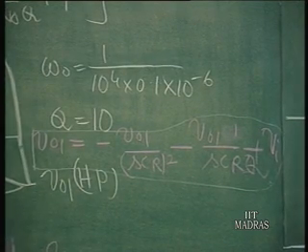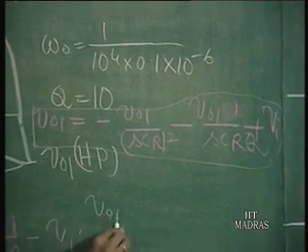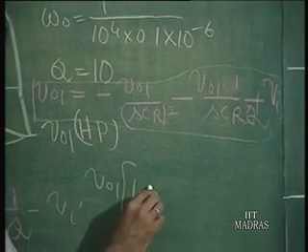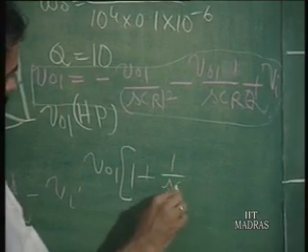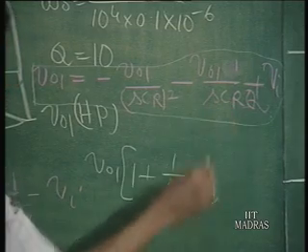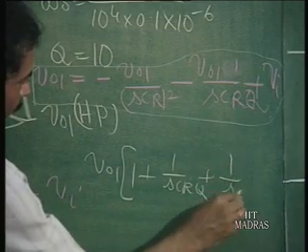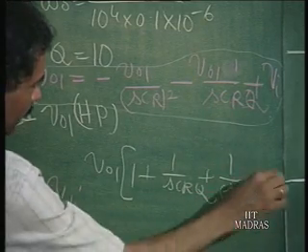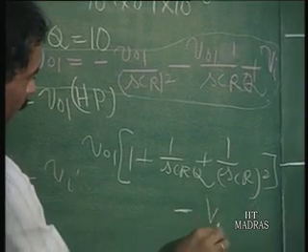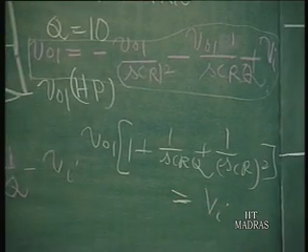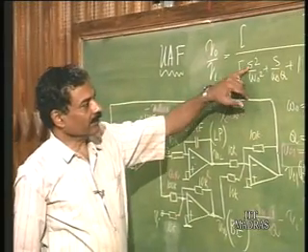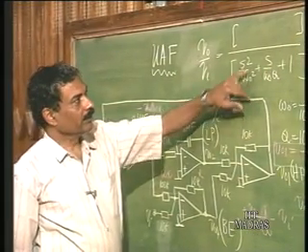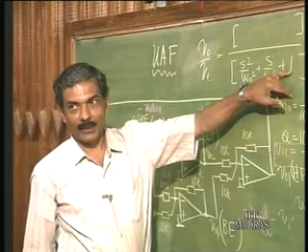So from this you can note that V01 into 1 plus 1 over SCRQ, plus 1 over SCR squared is equal to Vi. So V naught 1 by Vi can be written as S squared by omega naught squared, over S squared by omega naught squared plus S by omega naught Q plus 1.